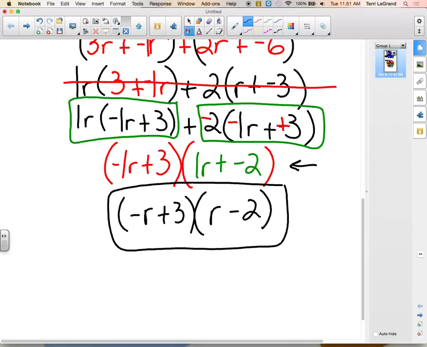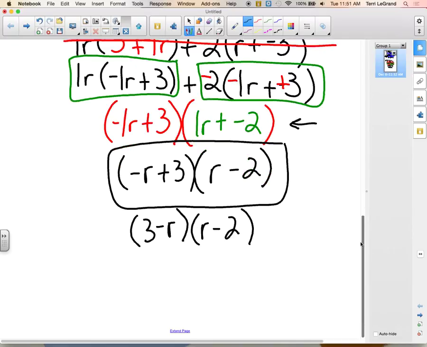But when we're looking for the answer in an answer bank cleaned up, it would be negative r plus 3 times r minus 2. In fact, here's what else they might possibly do. They might have that 3 and that negative r trade places and be 3 minus r times r minus 2. That's another possibility of what they would do in an answer bank.